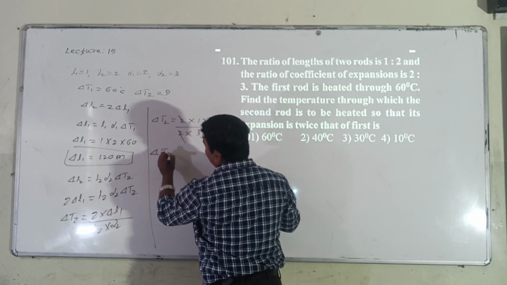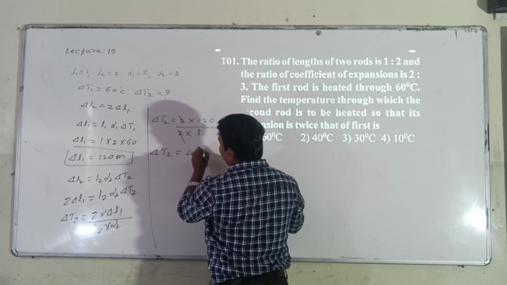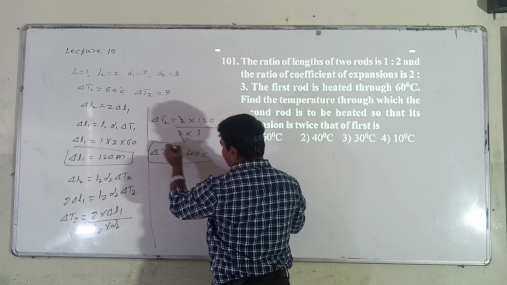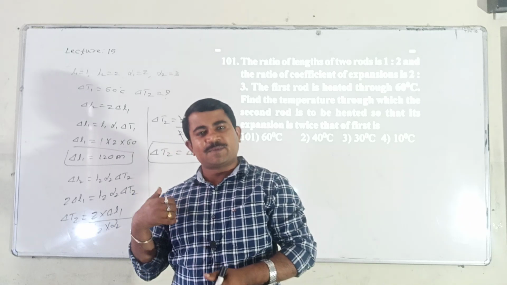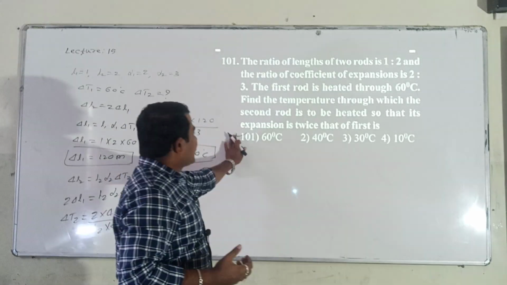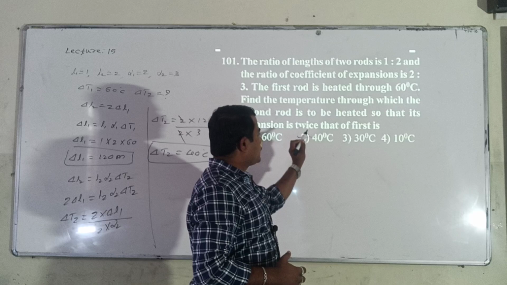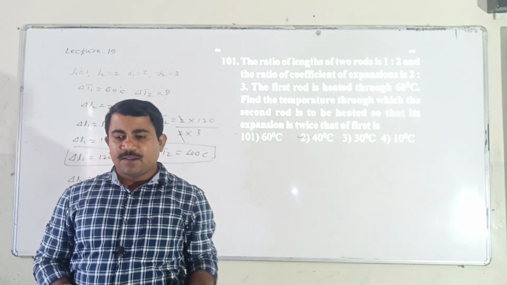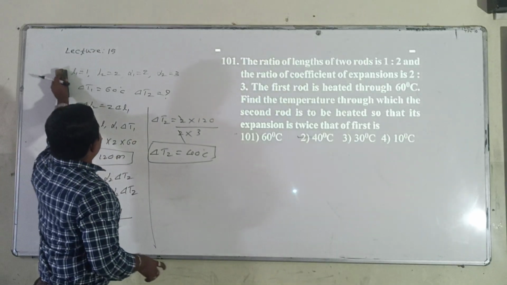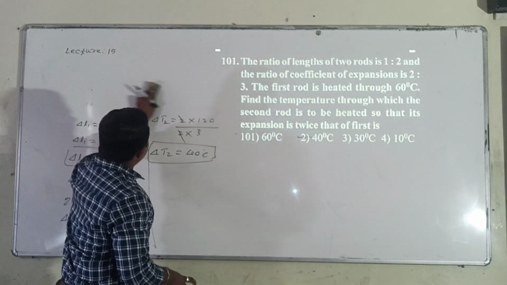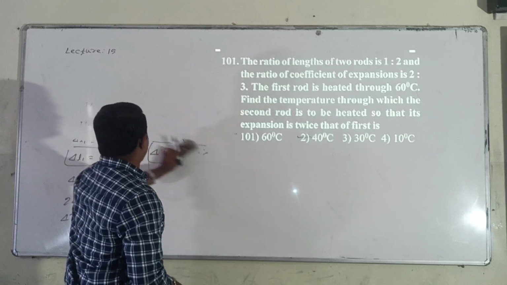Delta T2 is nearly 40 degrees Celsius. So this may be the right answer, which you can get directly. We can choose option number 2 as the right answer. Copy it. Let us move to the next numerical. A few more numericals will go, which are very tough. Those numericals we are going to solve.